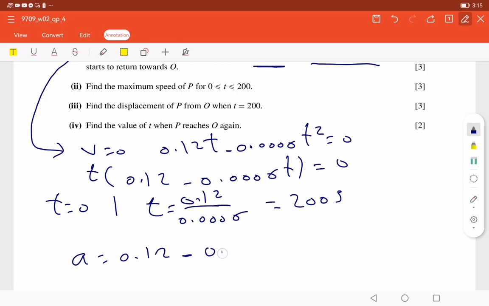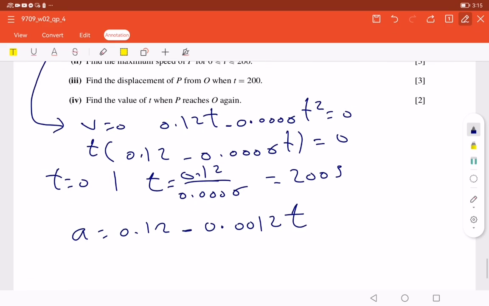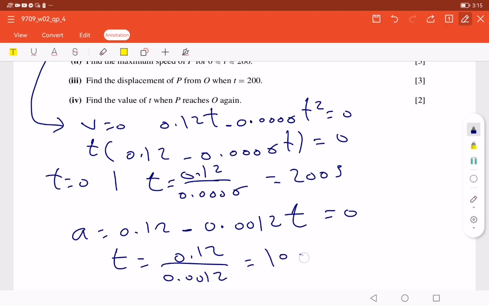And look here, the acceleration with which it will start to return towards O: put the acceleration equals 0, then t equals 0.12 over 0.0012, which is equal to 100 seconds.